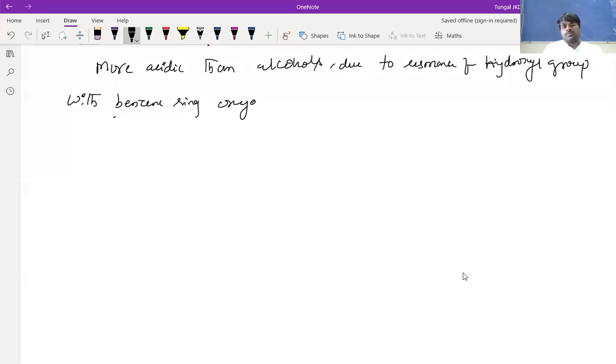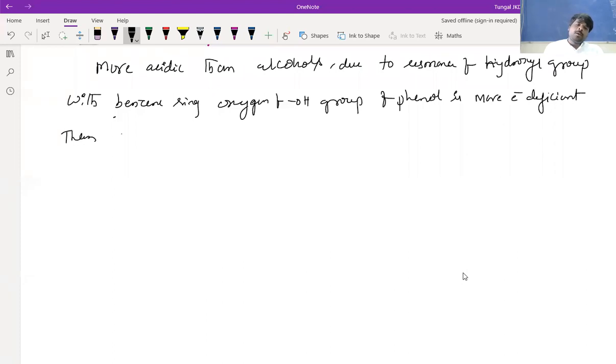The oxygen of the OH group of phenols is more electron deficient than the oxygen of the OH group of alcohols. This is one reason.